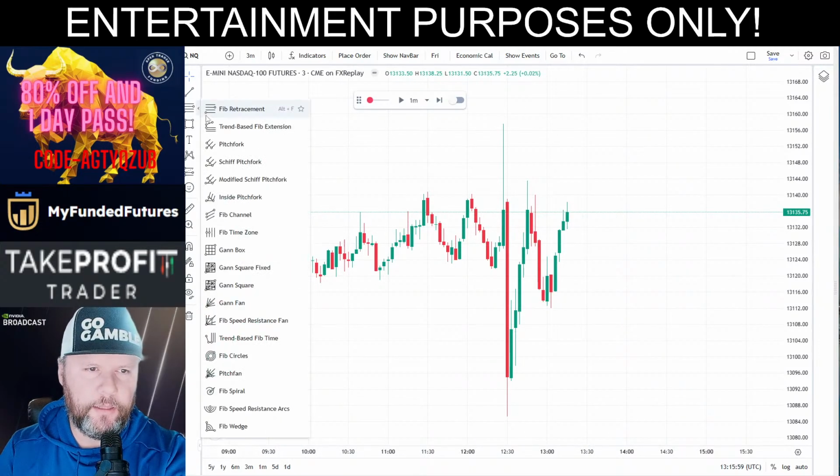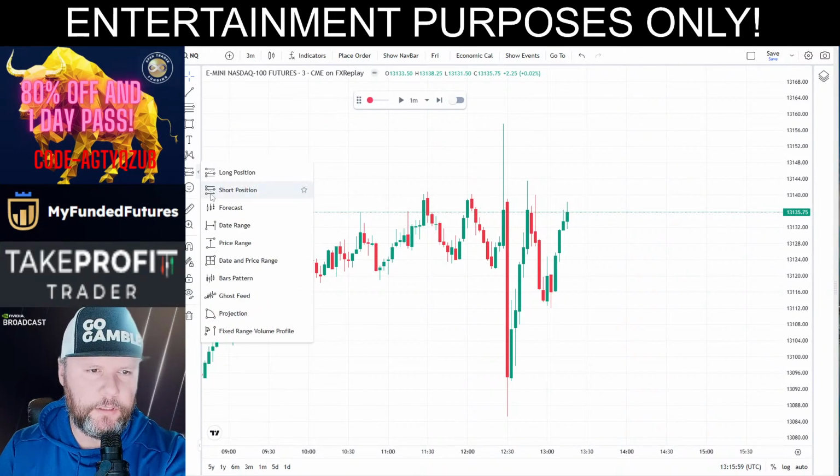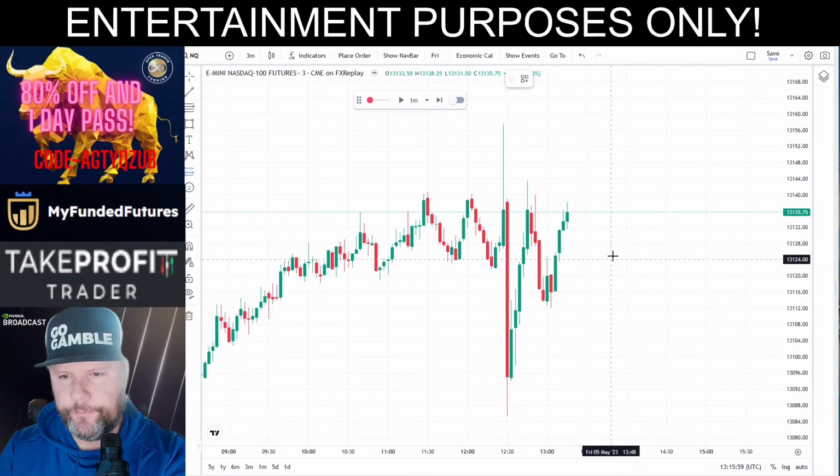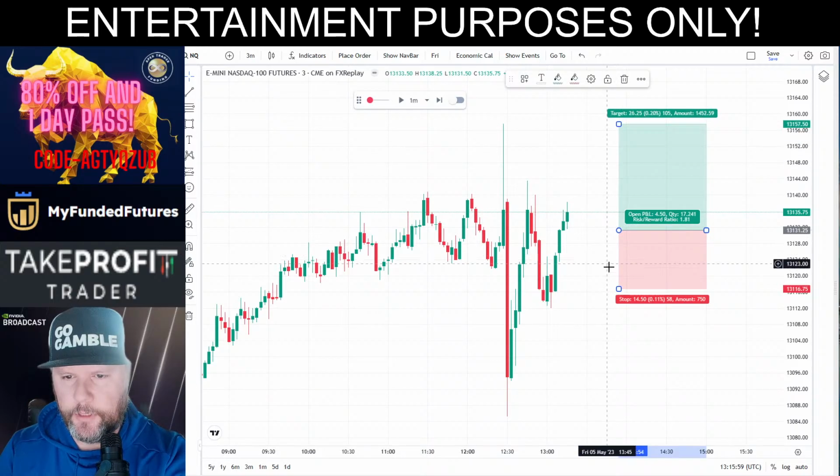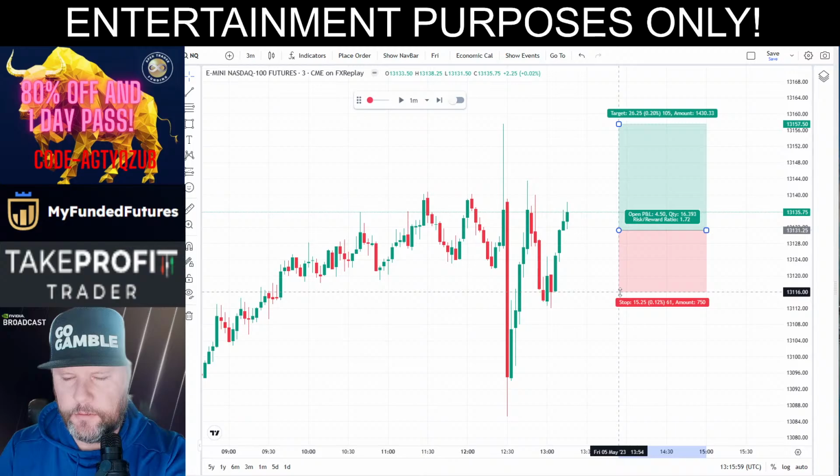So let's just try to put the long on here and see. We would use this here. We're going to target that wick. Stop is... yep, stop should be there.